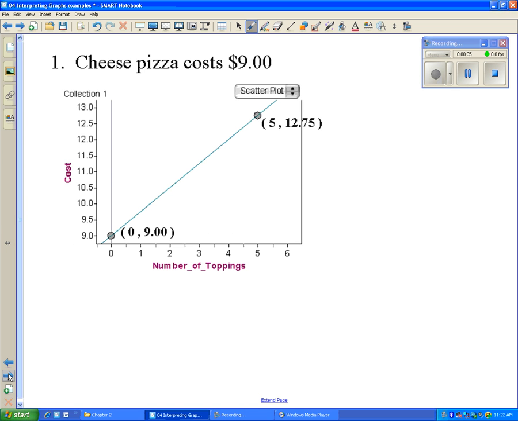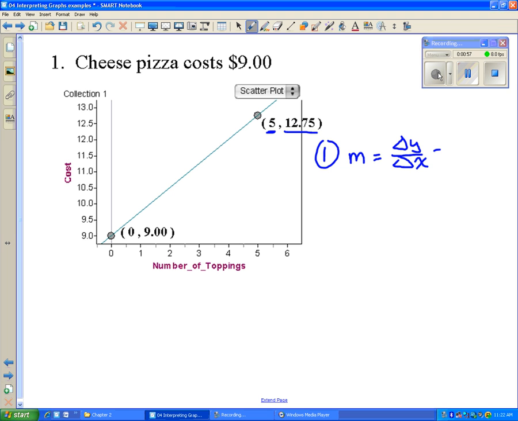So here we go. First example. Cheese pizza costs $9. I also know that a 5-topping pizza costs $12.75. Step number one, I need to find the slope. Remember, our slope we call m is the change in y over the change in x.